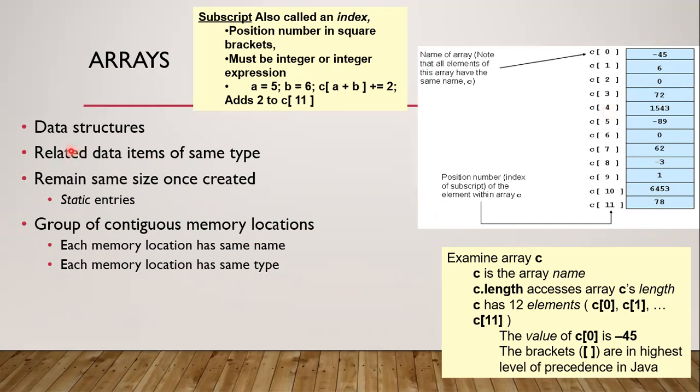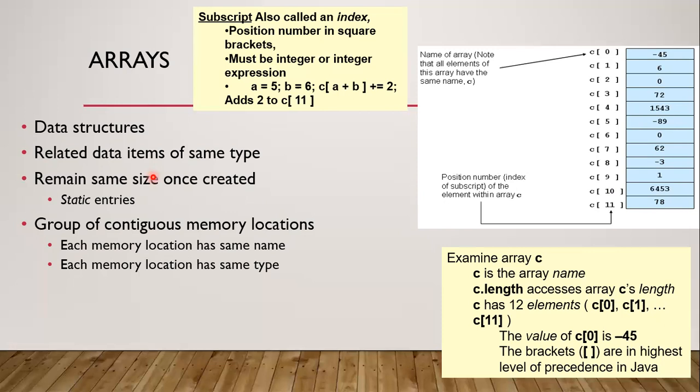So in a data structure, related data are all of the same type. The size of the data structure is fixed, static. When we create an array, it is created with a fixed size. It cannot vary. It cannot be 10, cannot be 15.